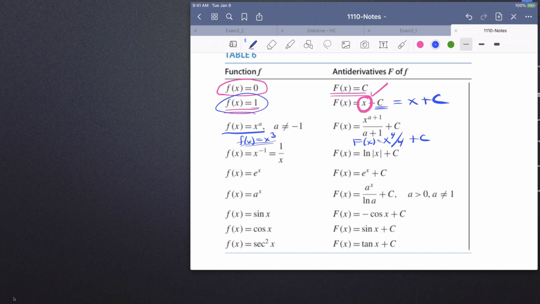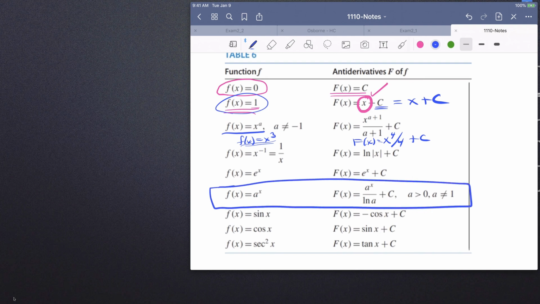And what you see in the table is a variety of other antiderivatives. Looking at this one right here, here is our exponential function problem.